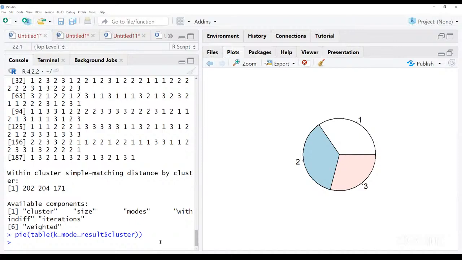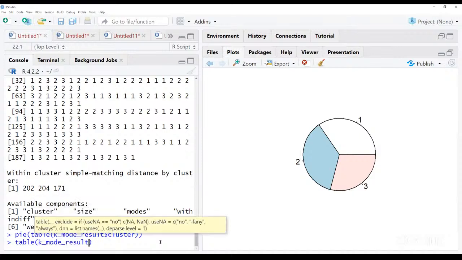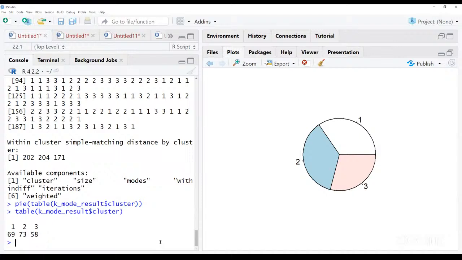Now you can write down table, bracket, K modes result dollar cluster, enter. Okay, so here you can find that there are 273 people, 169 and 358.